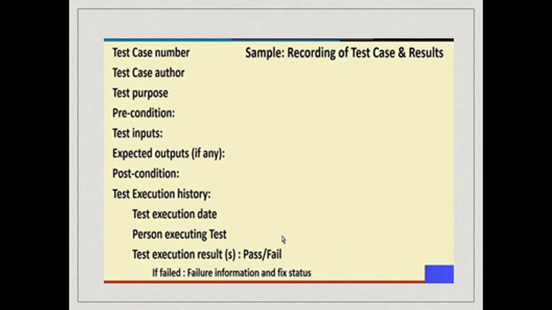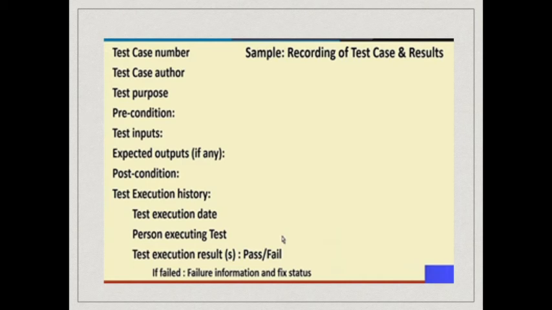So the test case number can uniquely identify which test case they should execute, and who had written the test case, the author, and the purpose of the test case, like which functionality or performance, etc. It is designed to test the test data or the test input and the expected output. Precondition is the state at which the system should be, test input, expected output, and the state at which the system should be left after the test execution completes.